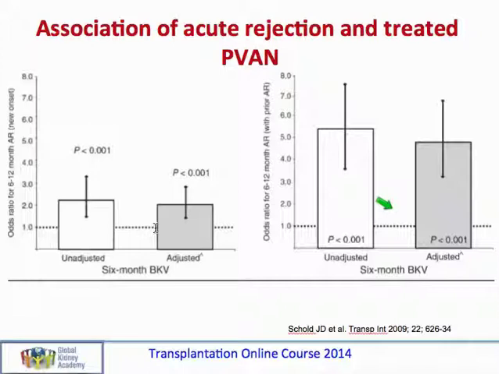Certainly people with established BK nephropathy were also at higher risk of acute rejection. So if you had BK viremia and had treatment for it, you're also associated with acute rejection. Now, whether that's due to the reduction in immunosuppression, or whether it's an effect of the virus itself increasing the risk of rejection, isn't clear.